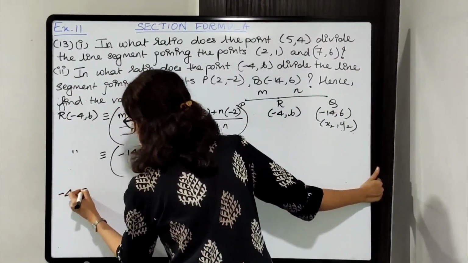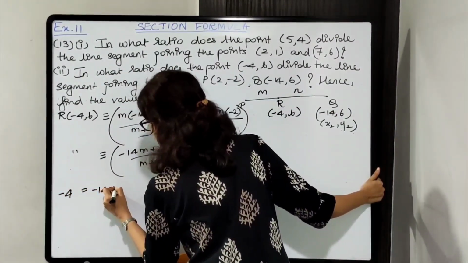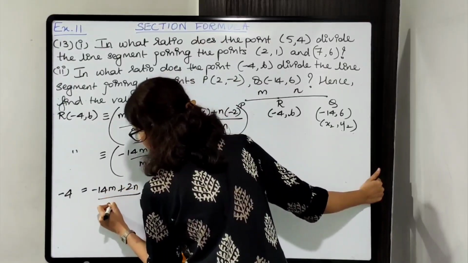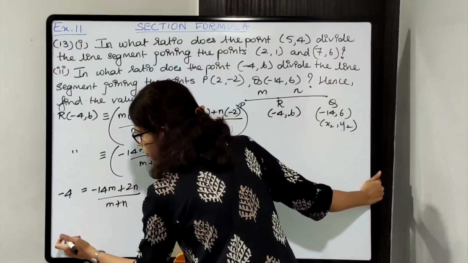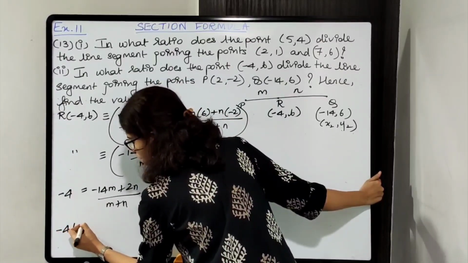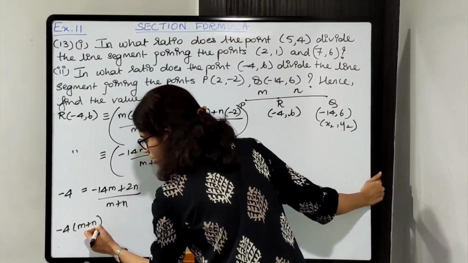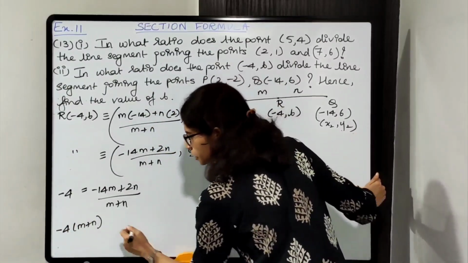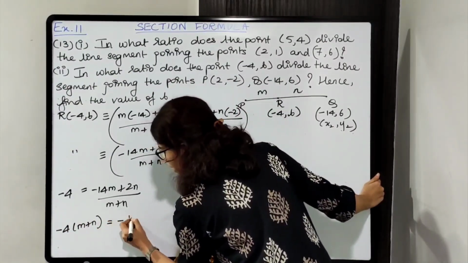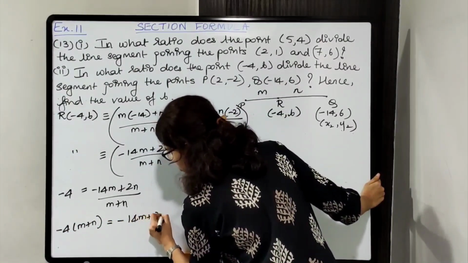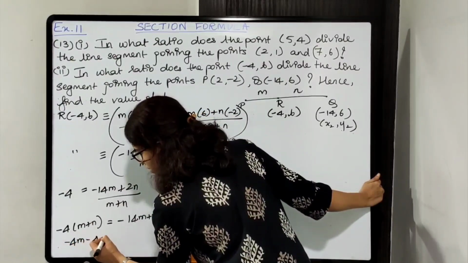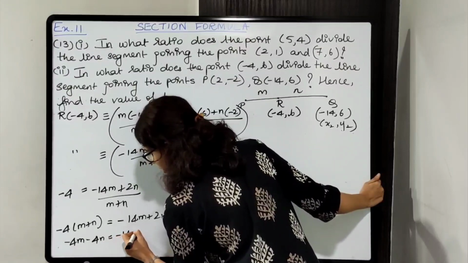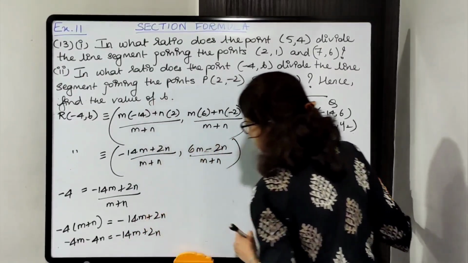So minus 4 is equal to minus 14m plus 2n upon m plus n. m plus n यहाँ पे शिफ्ट करते हैं, so minus 4 into m plus n put brackets, दोनों से मल्टीप्लाई होगा नंबर, is equal to minus 14m plus 2n. So minus 4m minus 4n is equal to minus 14m plus 2n.